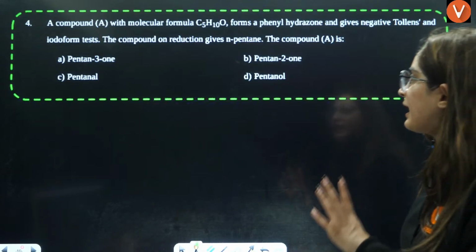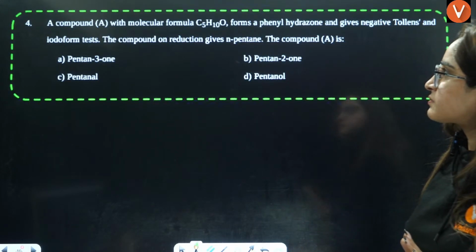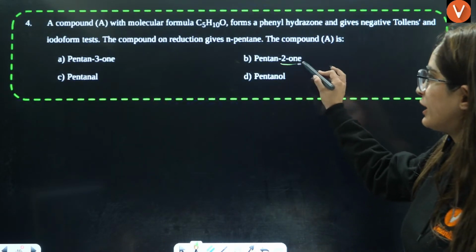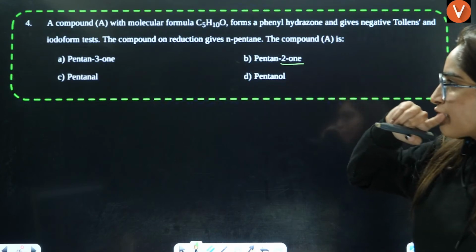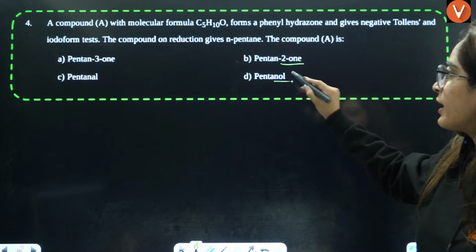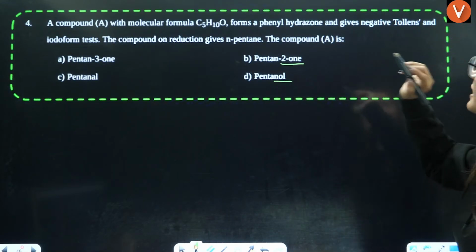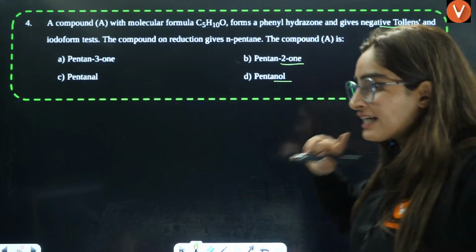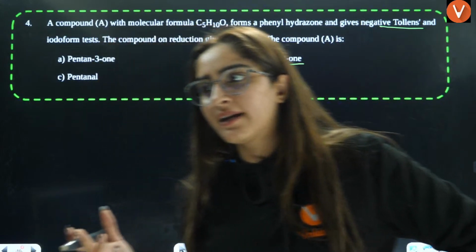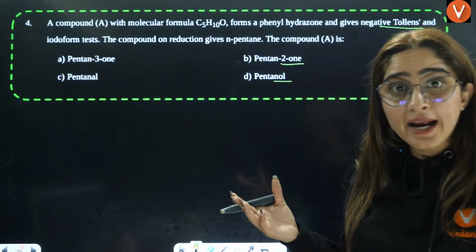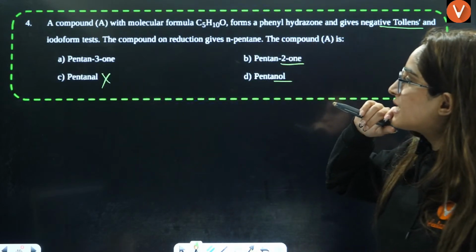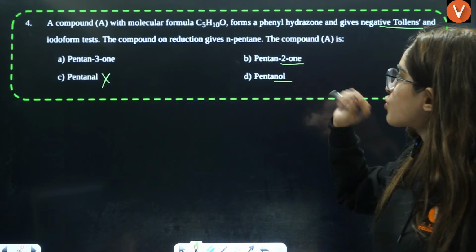The compound A can be, okay, pentanal will be over there. Here you have ketone, here also you have ketone, here you have aldehyde, here you have alcohol. They are saying it is giving a negative Tollens test. That means it cannot be an aldehyde, right? So aldehyde is ruled out. Then you have these two ketones.